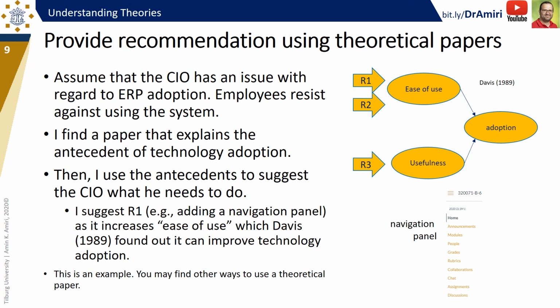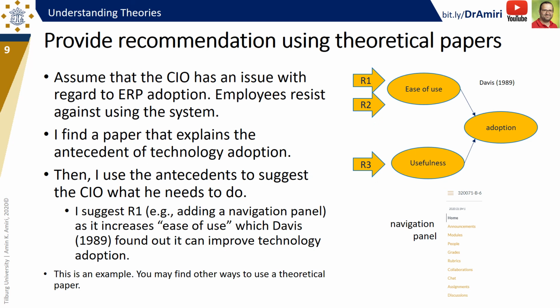I try to look for adoption, usage, keywords like that. I use these keywords to search for journal papers. I find a paper, for example, Davis 1989, that explains the antecedents of technology adoption. Now I can use these antecedents to suggest to the CIO what he needs to do.